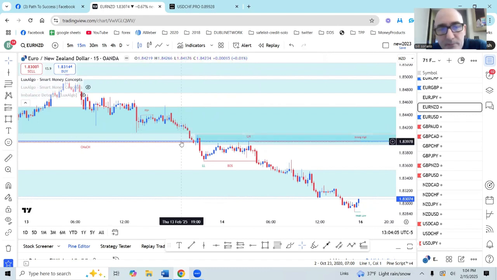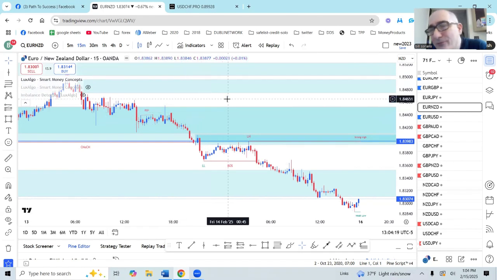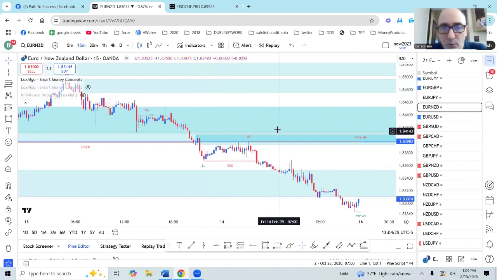So I would expect the price could come up and fill some of this imbalance. Let me show you if I turn the indicator on. You see this imbalance here, those pink shaded areas. So I would expect the price could come up to there, but if it went any further, then I would really think it's probably going to keep moving higher at this point.